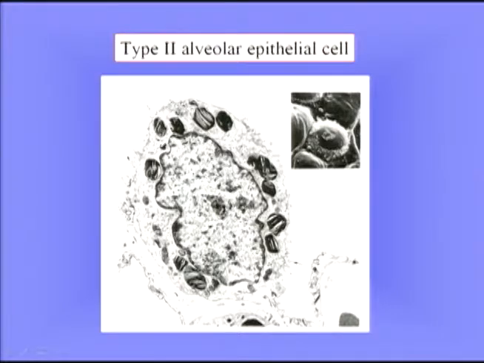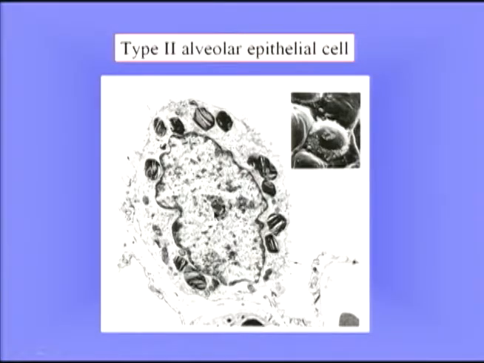the surfactant. Type 2 alveolar epithelial cells are metabolically very active. Surfactant is turned over rapidly within a couple of days, and these cells are busy making this surfactant material. They are, in contrast to the type 1 cell, the type 1 cell is a pretty lazy cell, doesn't do much metabolically.